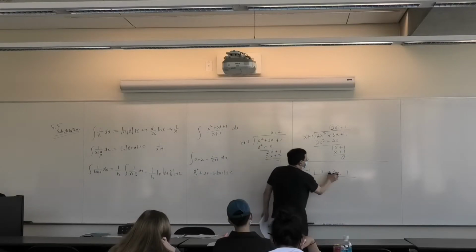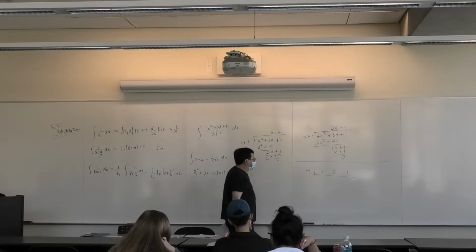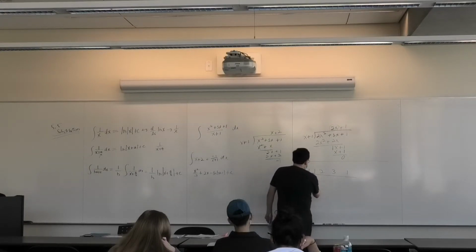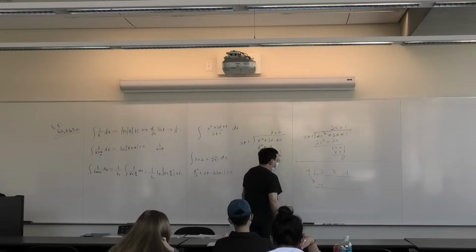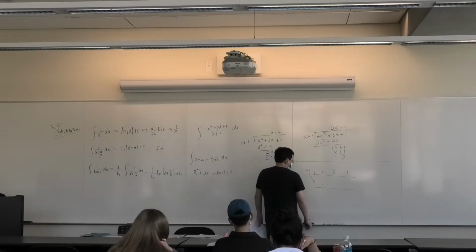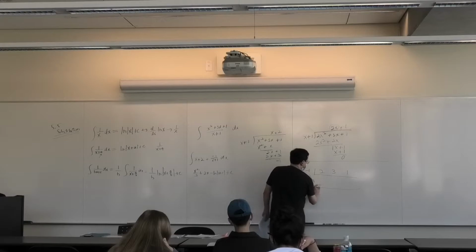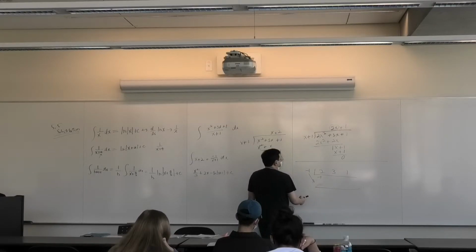You have to make sure if there are missing coefficients, like if there was no 3x, you have to put a 0. Okay. First thing I do is I bring down minus 1. I'm going to put the minus 1 here.